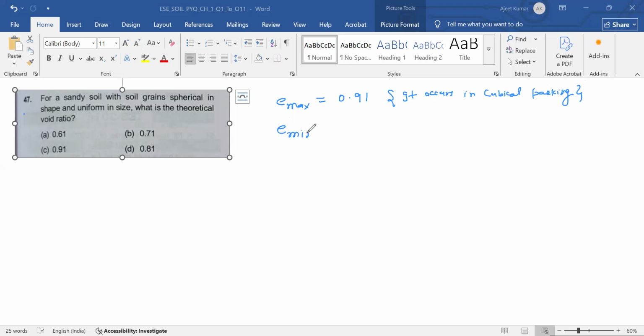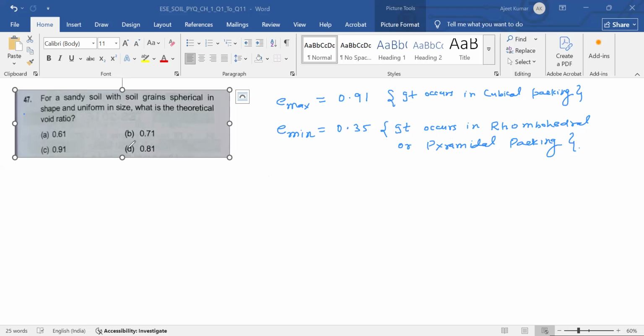And E minimum, the value of E minimum is 0.35, and it occurs in rhombohedral or pyramidal packing. Okay, rhombohedral or pyramidal packing.